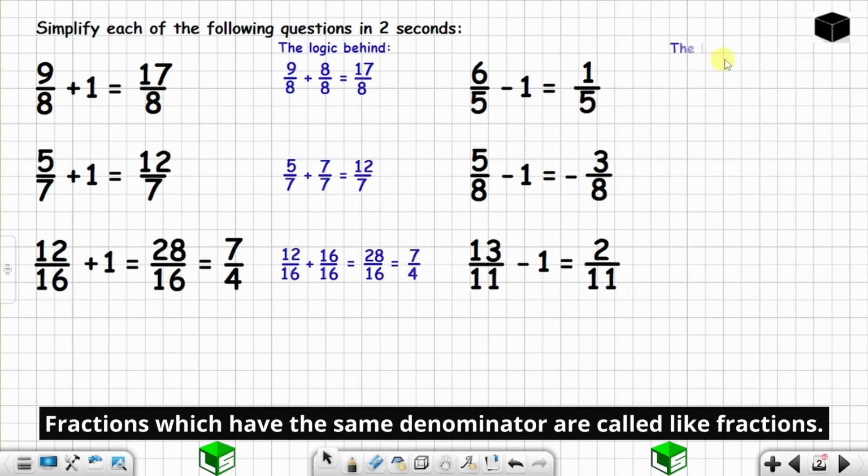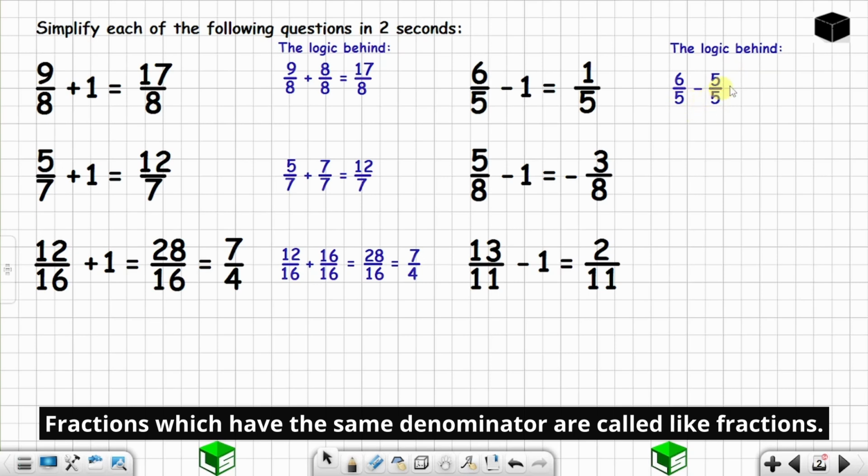The logic behind this: you have 6 over 5 minus 1. You can change the 1 in such a way that you have like fractions. So 1 can be written as 5 over 5.